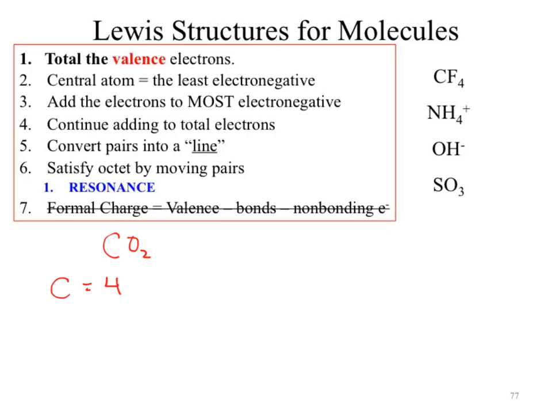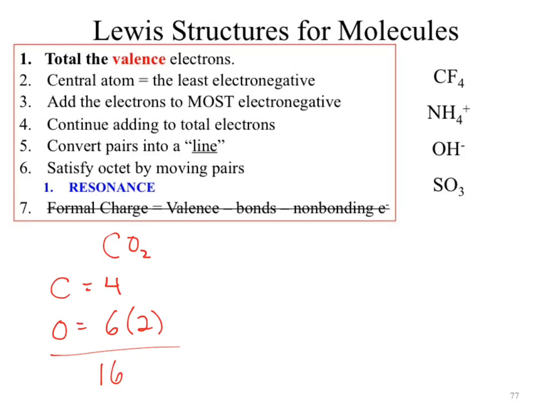How do we know carbon has 4? What column is carbon in? The 14th column or 4a. Either way, you get 4. Oxygen has 6. There are 2 of them, so I must multiply by 2. I have to count the electrons from every single atom, which gives me a total of 16.